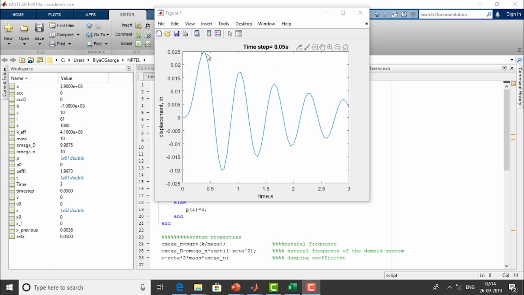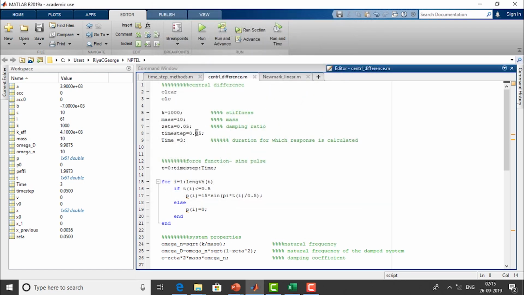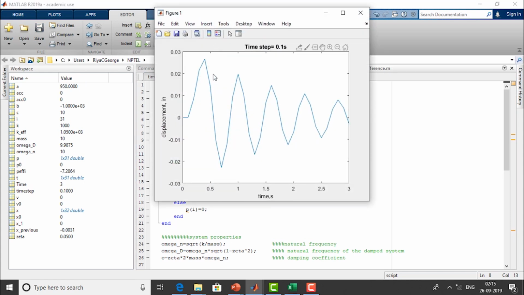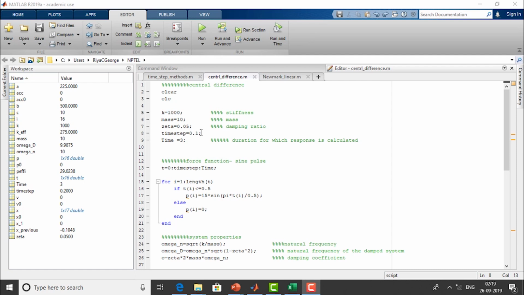The amplitude is close enough and the response is slightly distorted because of the increased time step, but the values are approximately equal. Now let's increase the time step further. Let's make this 0.1 seconds. With 0.1 seconds, the response gets distorted further.